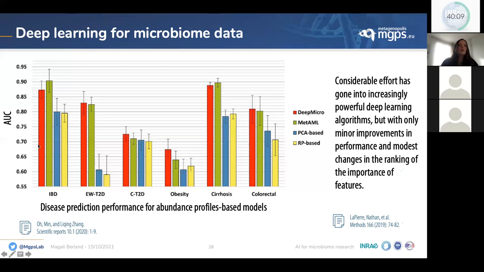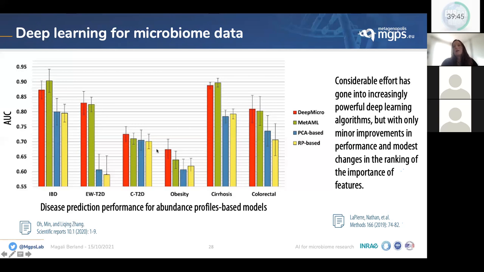For example, for IBD, the DeepMicro methods did not perform better than the original classical machine learning. For type 2 diabetes, it's a little bit better, but obviously the difference is not significant.